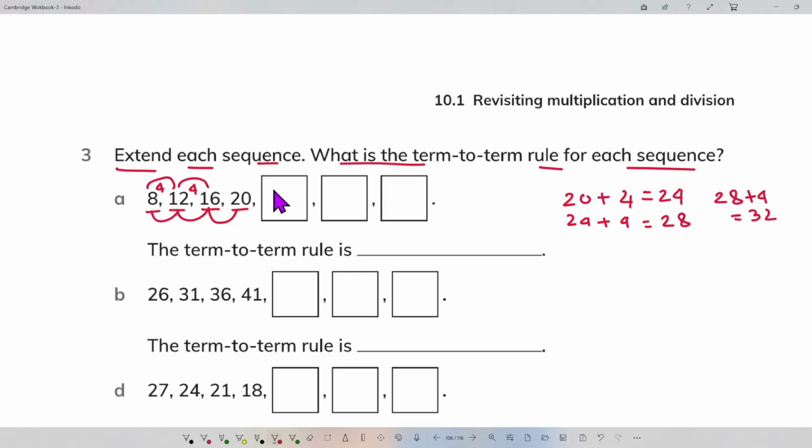So we can write 24, 28 and then 32. The term to term rule is 4.